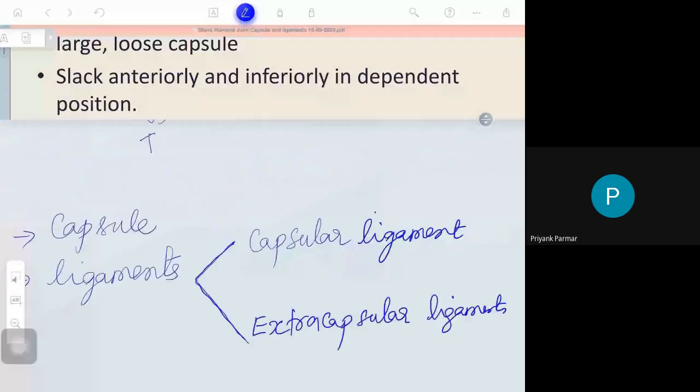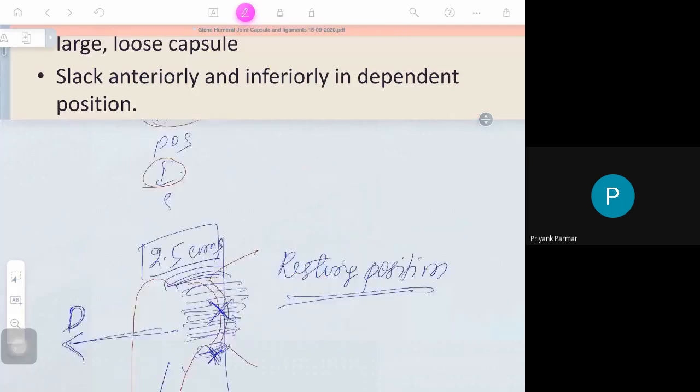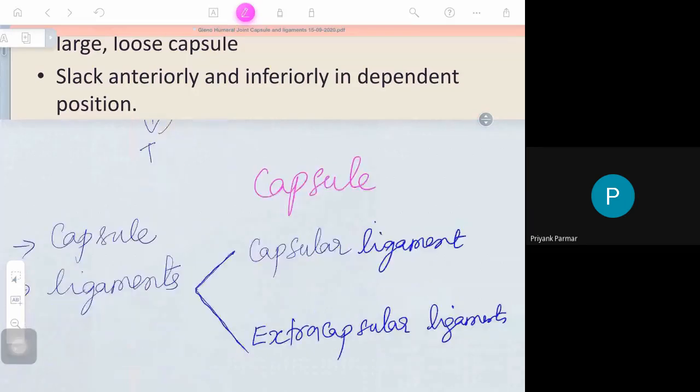First, the joint is covered by the capsule. And the capsule is weak. We have already discussed that the capsule is weak. Clear? The strength for the capsule is given by the ligaments.